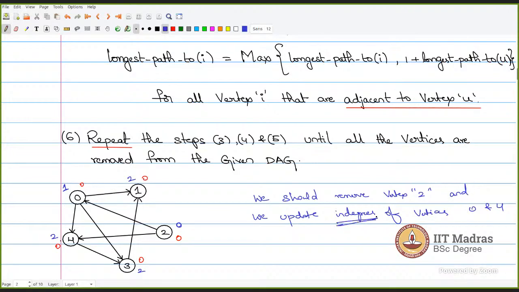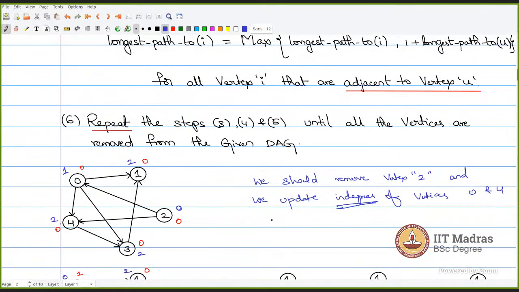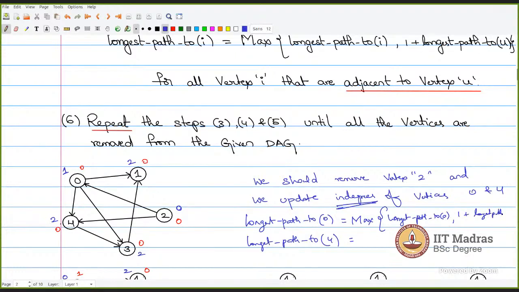And we update the longest path to 0 and the longest path to 4 as the max of either the longest path to 0, or 1 plus the longest path to 2.